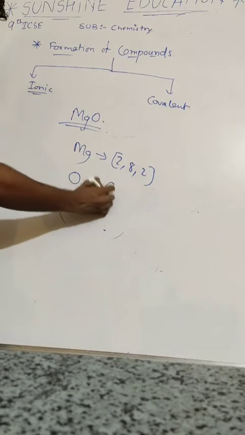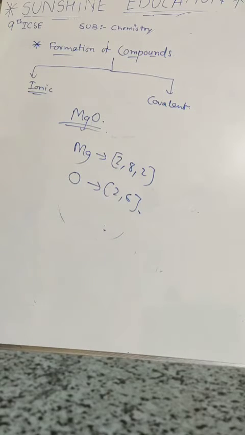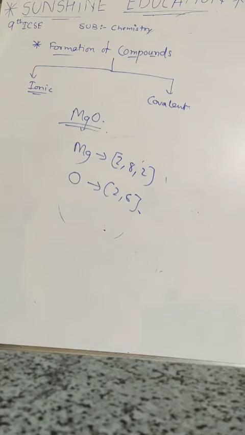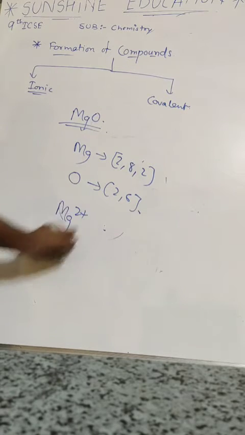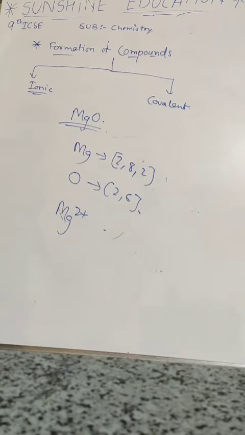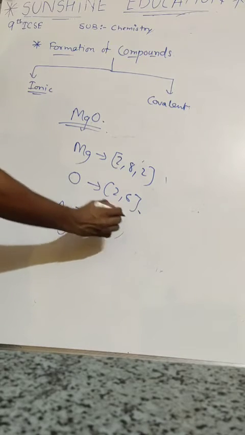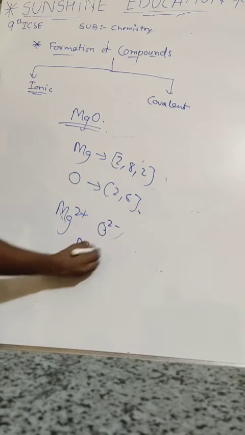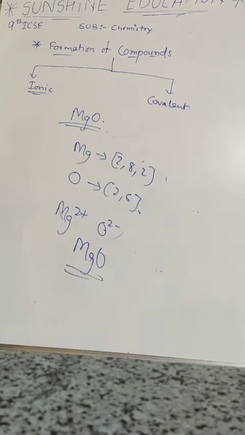Oxygen, atomic number 8, has electronic configuration 2,6. Magnesium donates 2 electrons to attain stable electronic configuration. Oxygen accepts these 2 electrons and both attain stable electronic configuration, but magnesium gets converted into Mg2+ and oxygen gets converted into O2-. These two come together and form a compound called magnesium oxide.